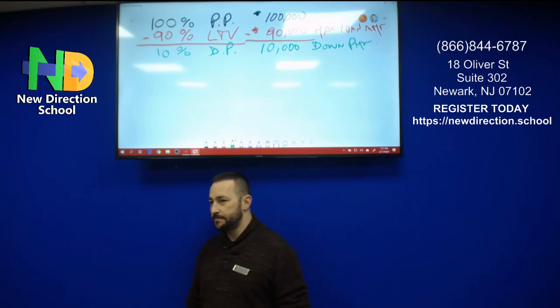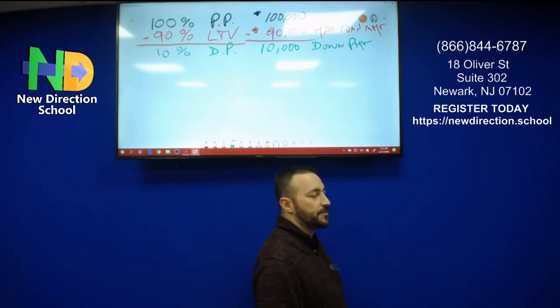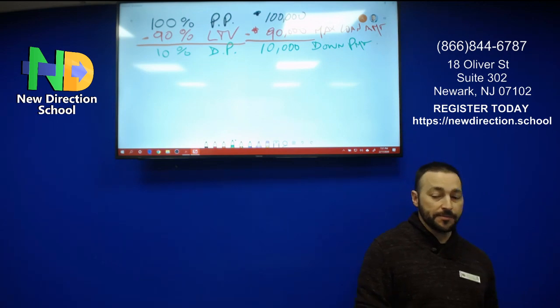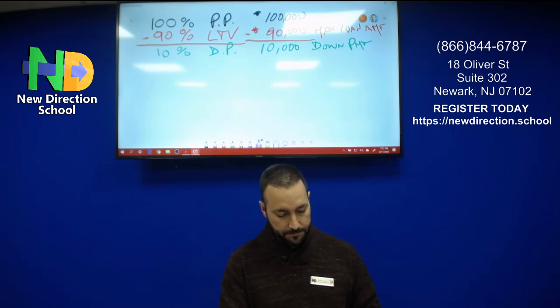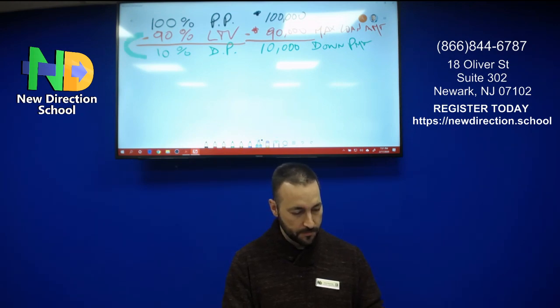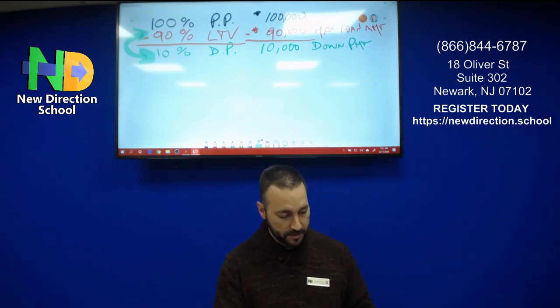Good so far? Simple, easy, right? So in the state exam, if they ask you a question about LTV and down payments, what you really need to remember is also that these two are interchangeable. So what does that mean?